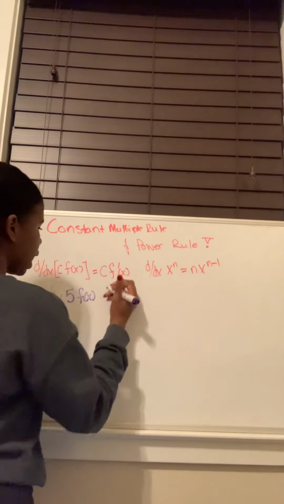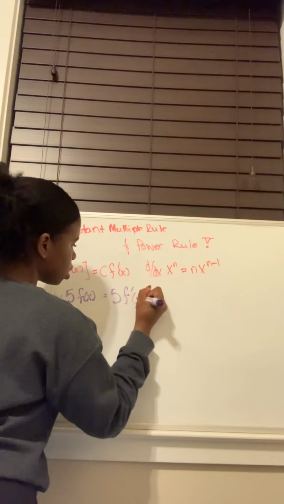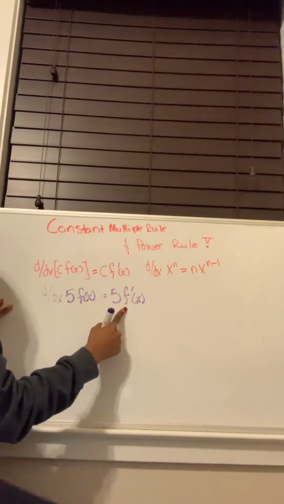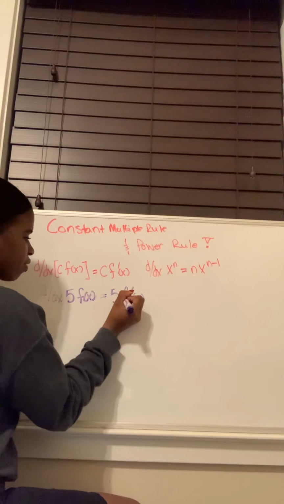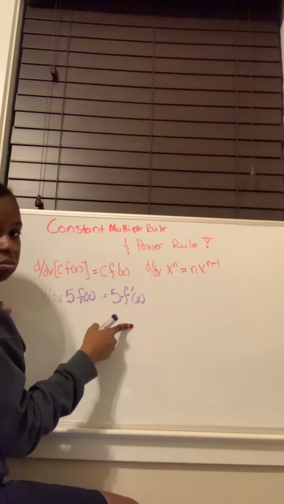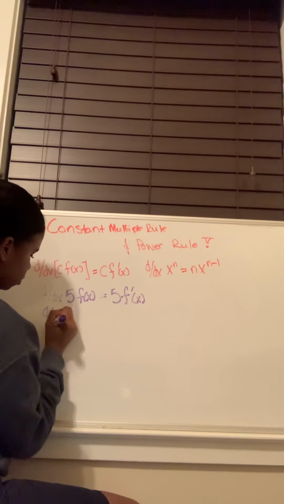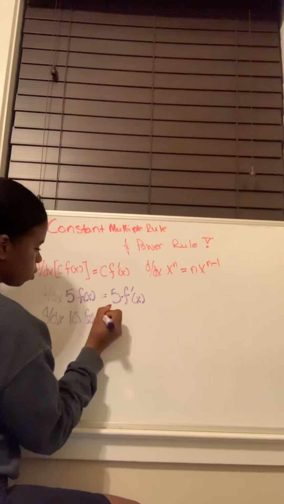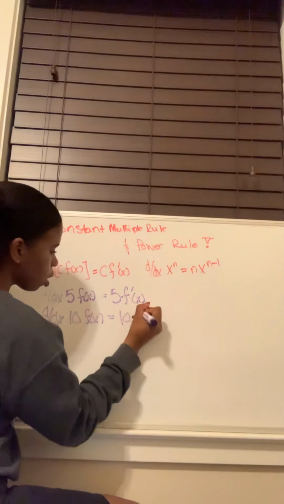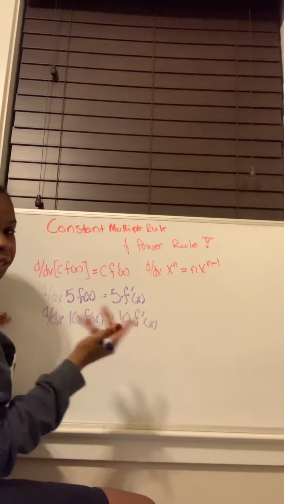Well, the answer is going to be 5 times f prime. So whatever the derivative of the original function is, 5 is just tagging along. Let's do it again. Make it 10. 10 is just along for the ride. It ain't doing nothing too special.